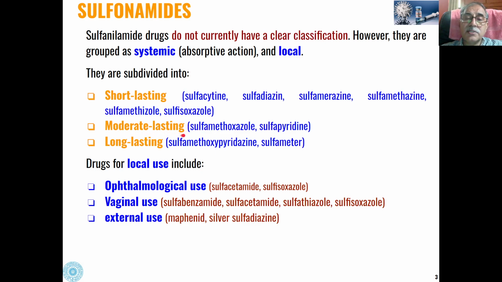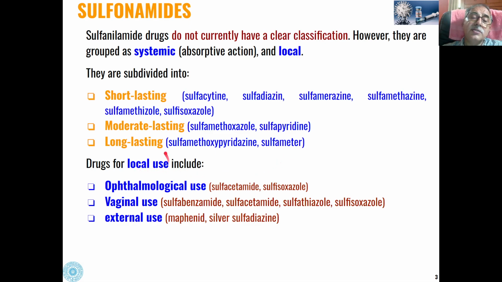Moderate lasting are sulfamethoxazole and sulfapyridine. They will last moderately in the cell. The long lasting are sulfamethoxypyridazine and sulfamatter, which can be considered as long lasting sulfonamide drugs.